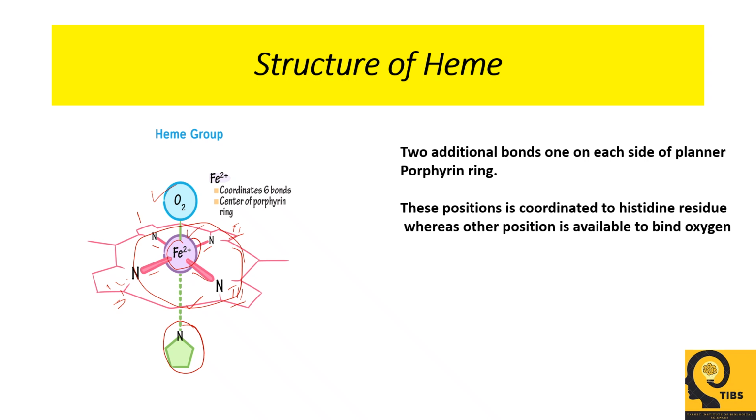One position is coordinated to the histidine residue, and the other position is available to bind oxygen. So, students, there are four bonds to the four pyrrole rings, one to the histidine, and another for binding of oxygen.